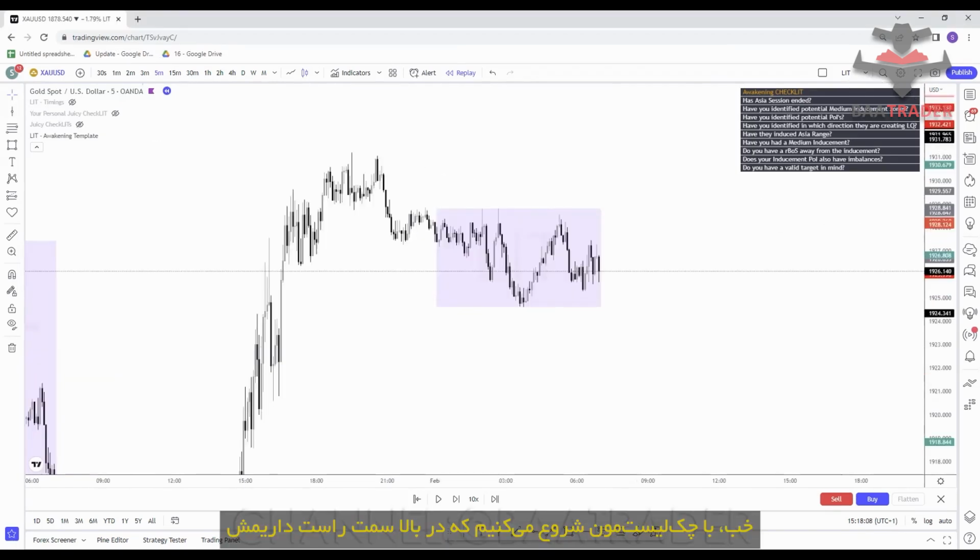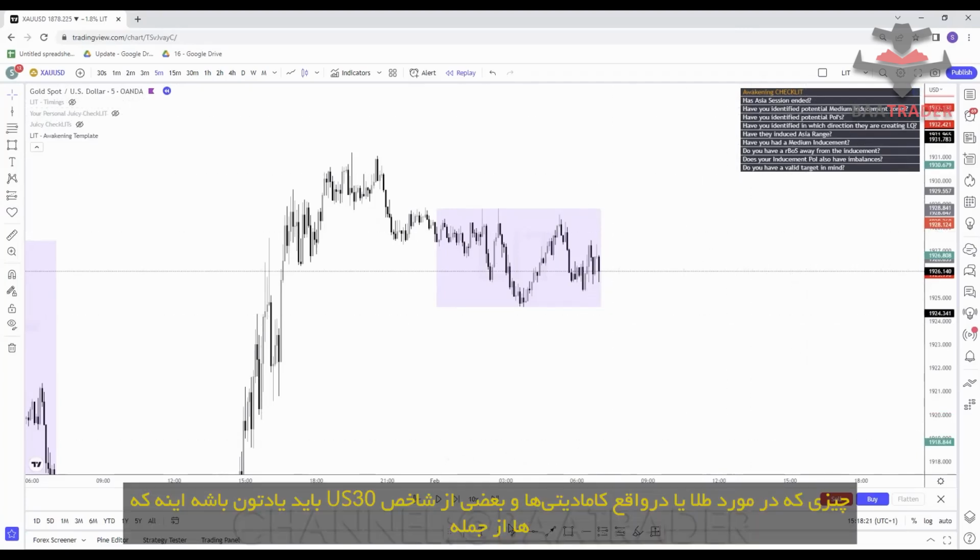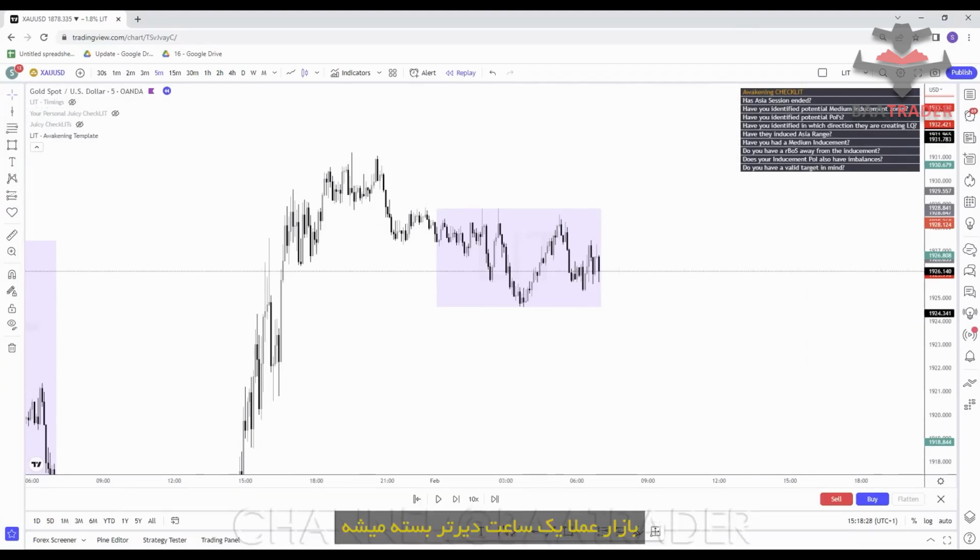So starting off with the checklist that we have in our top right corner, we have our very first component which we need to check, and that is, has Asia session ended? Now, something to bear in mind with gold, or should I say commodities, and some indices, including US 30, the market does close actually an hour later.